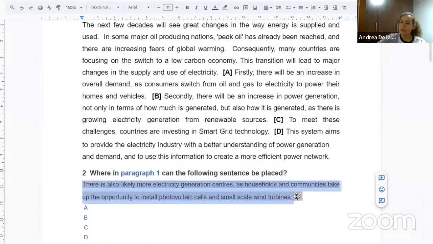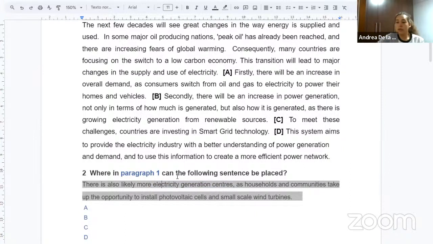It says, there's also likely more electricity generation centers, as households and communities take up the opportunity to install photovoltaic cells and small-scale wind turbines. So this is the explanation, right? But the main idea, the main thing here is that there will be more electricity generation centers. It's about electricity generation centers. That was the first thing. What is it about? Electricity generation centers.